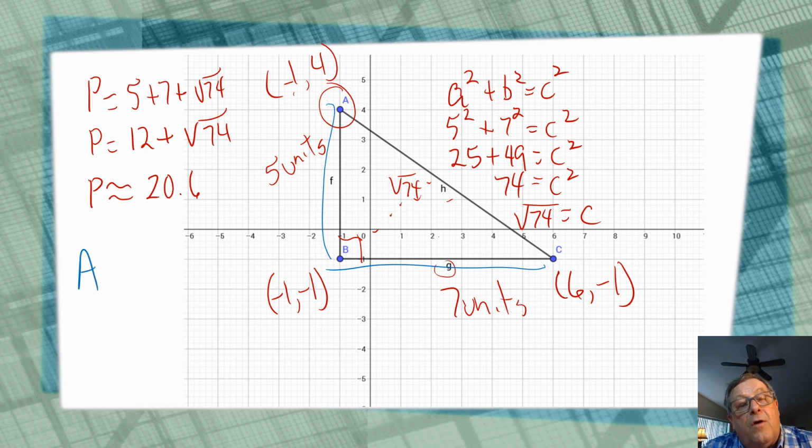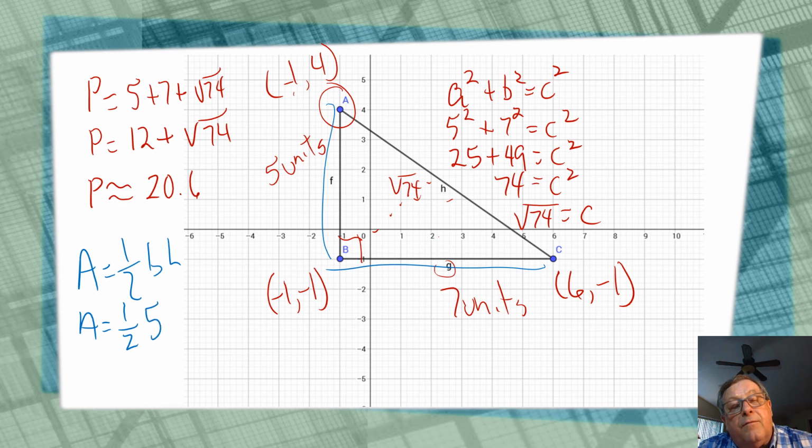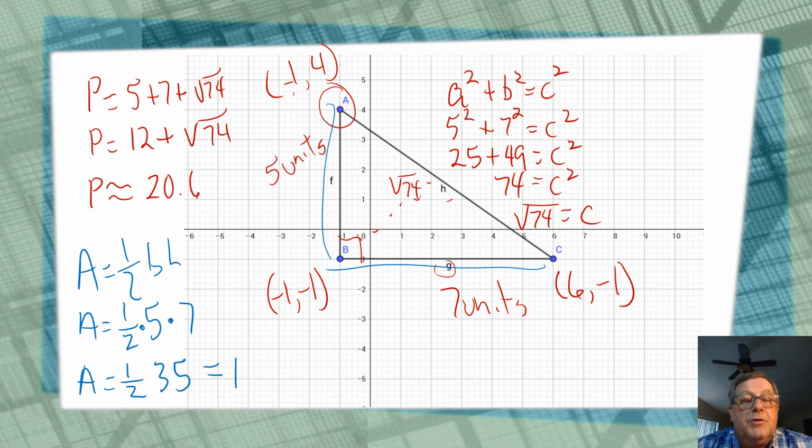So the area of this triangle is equal to 1/2 times the base times the height, or 1/2 times 5 times 7. 5 times 7 is 35, so the area is 1/2 of 35, which is 17.5 units squared.